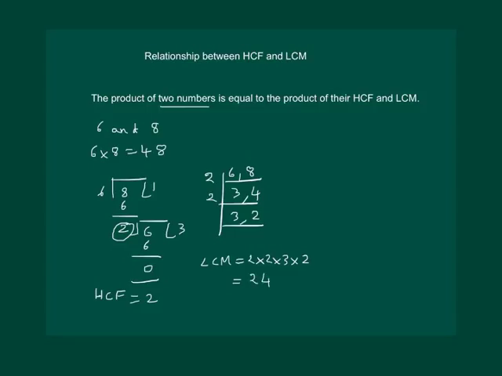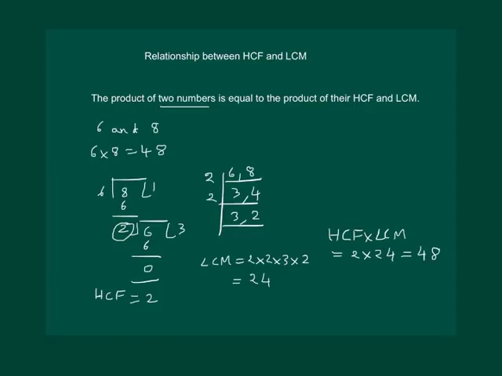Let us find the product of HCF into LCM, which is equal to 2 into 24, which is also 48.